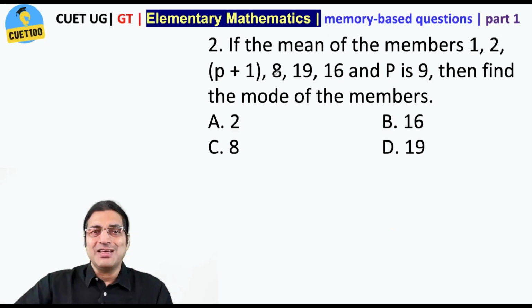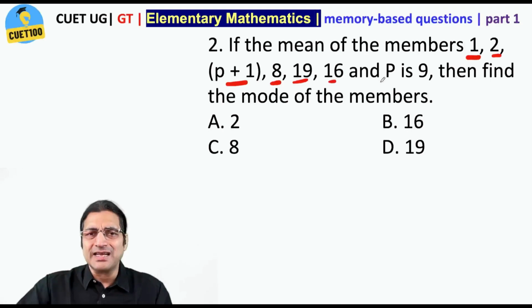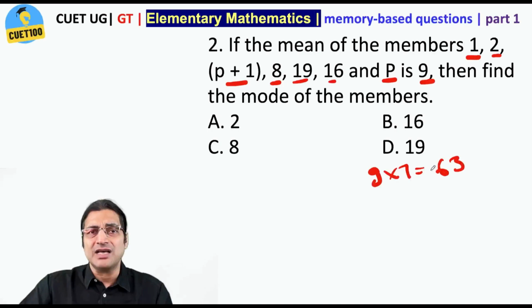If the mean of the numbers 1, 2, p plus 1, 8, 19, 16 and p. So how many numbers are there? 1, 2, 3, 4, 5, 6, 7. Mean of these 7 numbers is 9. So what would be the sum? 9 into 7, 63. This is the sum of these numbers.